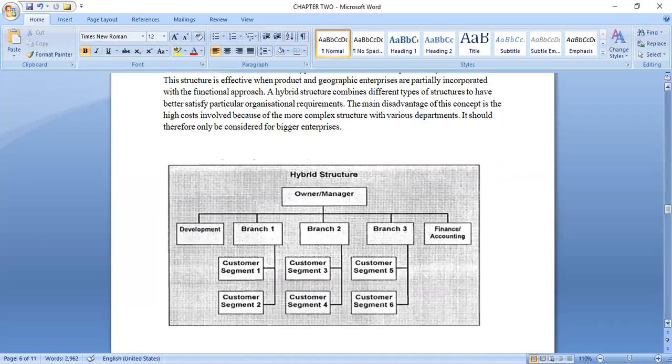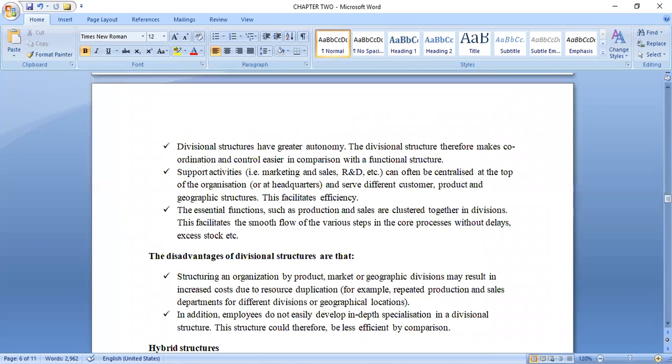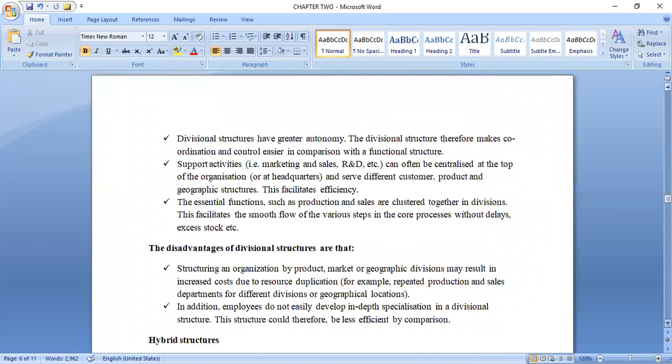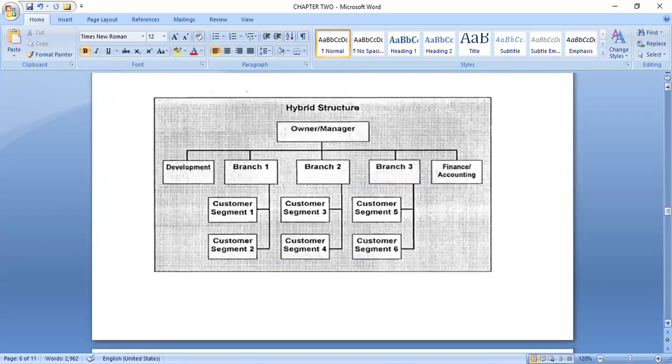So how does it look? How does this hybrid organization structure look when we have a combination of both functional and divisional organization structure? So this is how it will look, right?